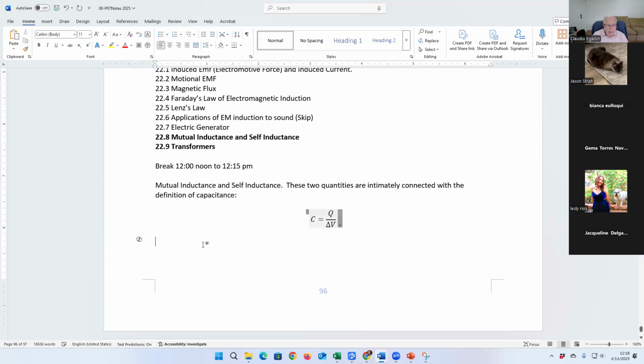I mentioned the two are intimately connected with the definitions of capacitance and resistance. Capacitance is something like that, and resistance, what is resistance? V over I, like that.